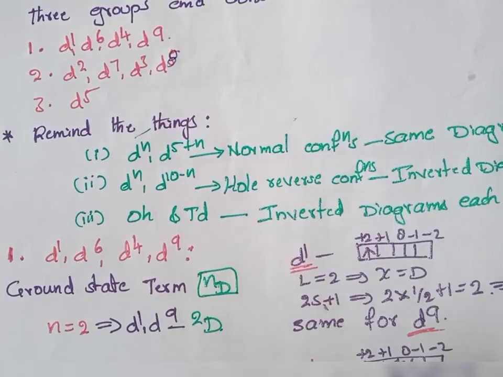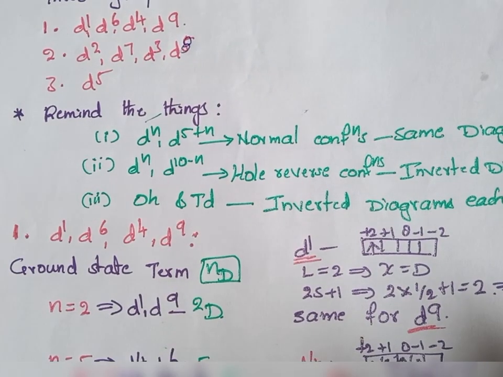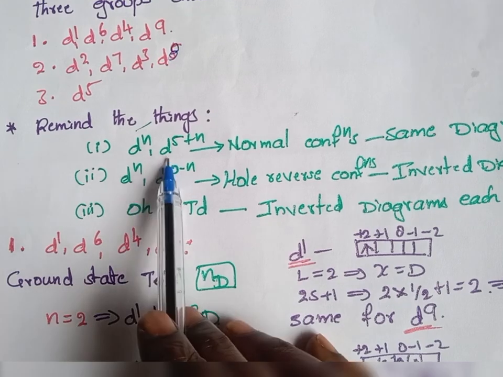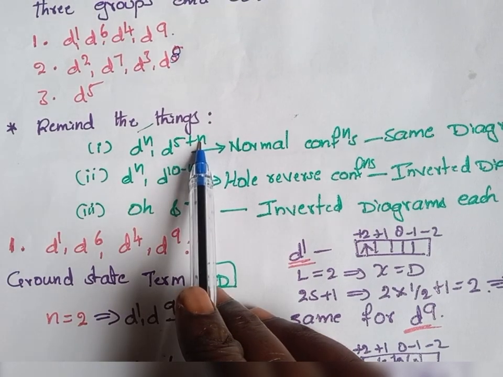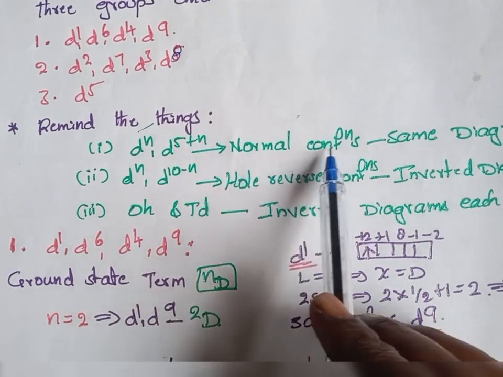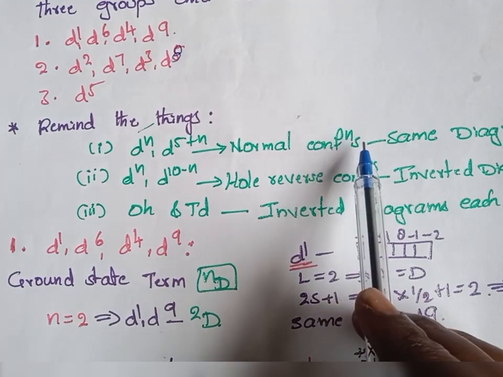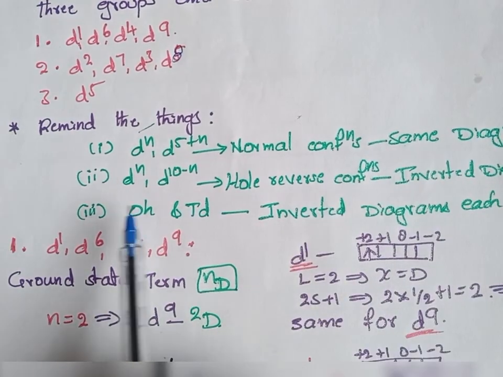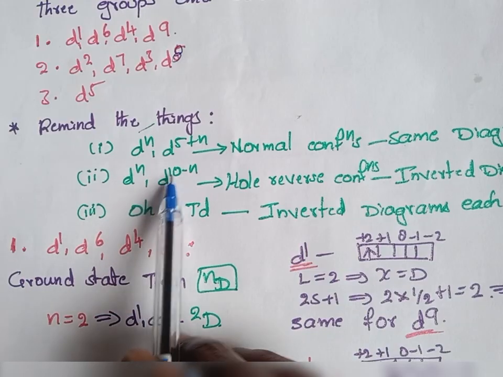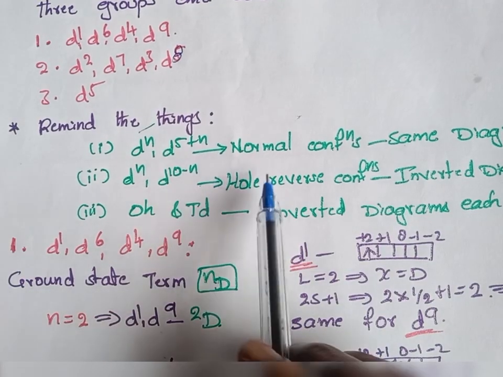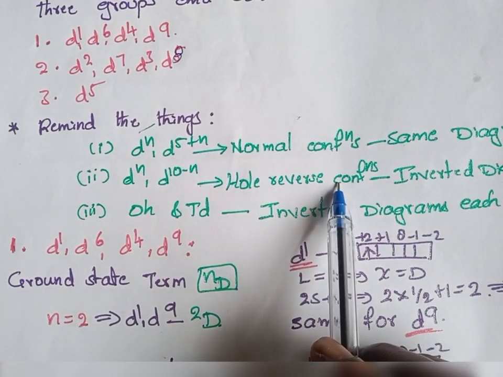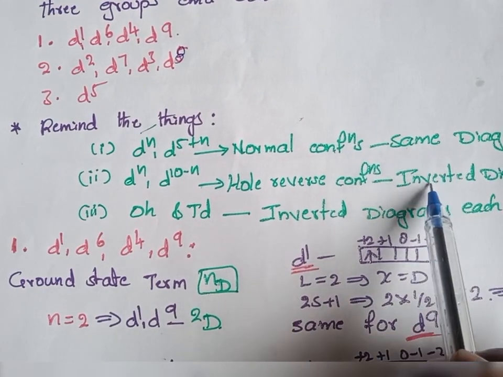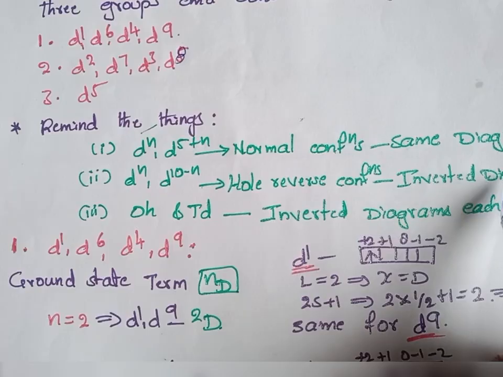So before we go on to the Orgel diagrams, three points are to be noted. One is dn and d5+n configurations are called normal configurations, and these configurations will have the same type of diagrams. The second note is dn and d10-n configurations can be called whole reverse configurations, and they will have inverted diagrams, that is, reverse types of splitting diagrams.